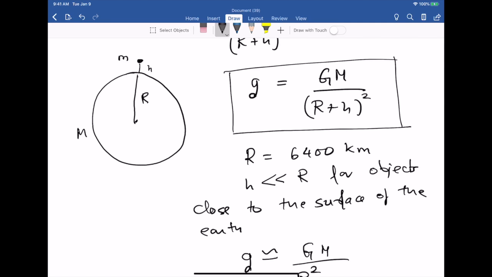So when h is not incredibly tiny, like if you're talking about a rocket that's being sent to space, and the rocket, let's say, is at a height of half of the radius of the Earth, a few thousand kilometers, then you cannot assume that g is fixed at 9.8 meters per second square. So g is 9.8 meters per second square only near the surface of the Earth. All right.